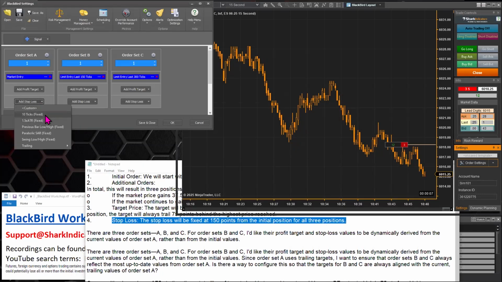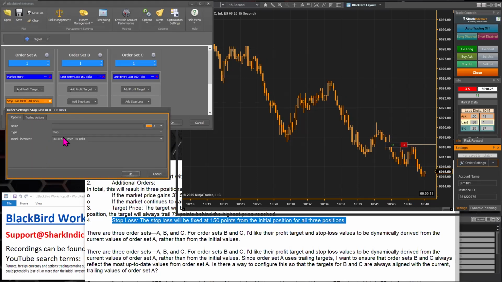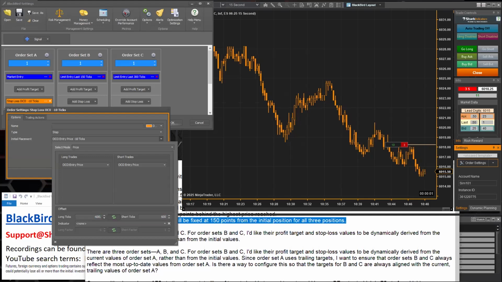Let's just go in and use the fixed offset, 150 points. All right, so we're going to open up the initial placement, and that converts to 600 ticks.